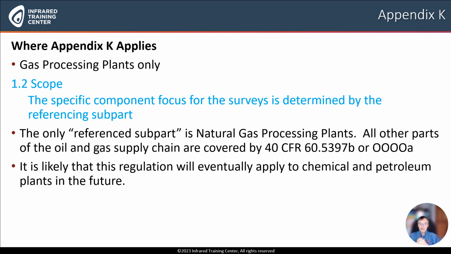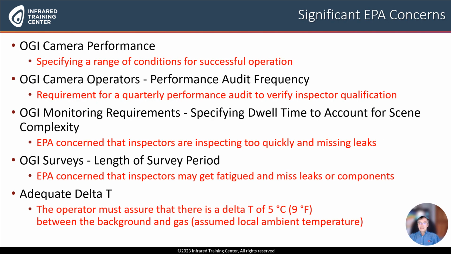All other parts of the oil and gas supply chain are covered by 40 CFR 60.5397b, Quad O-A and Quad O-C. We'll talk about both of those a little bit later. And it's likely that this regulation will eventually apply to chemical and petroleum plants in the future, basically everybody who produces volatile organic compounds.